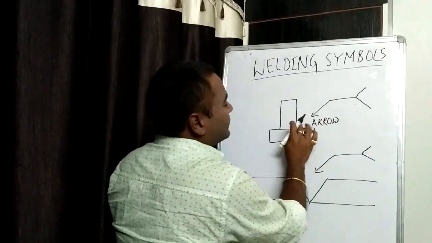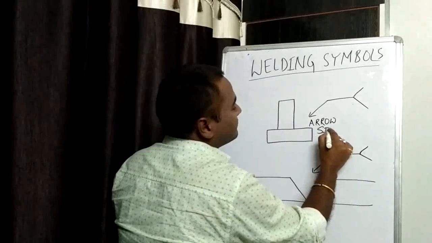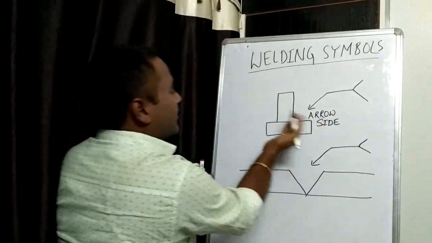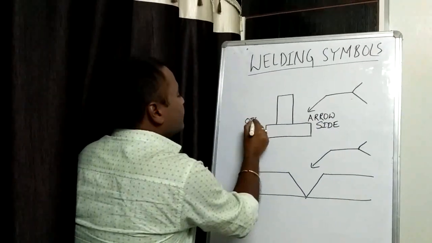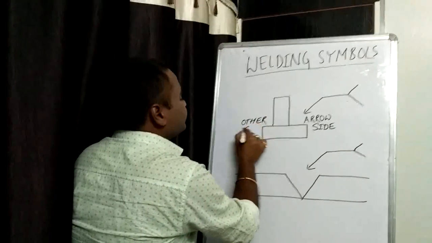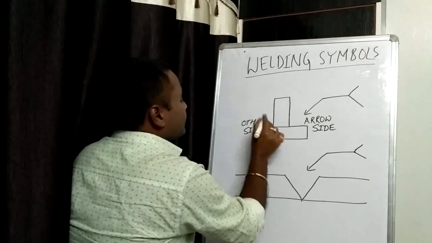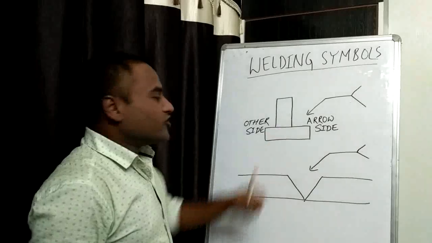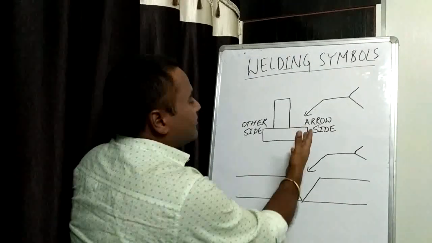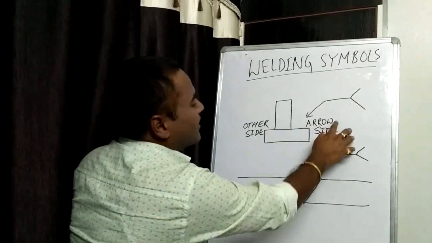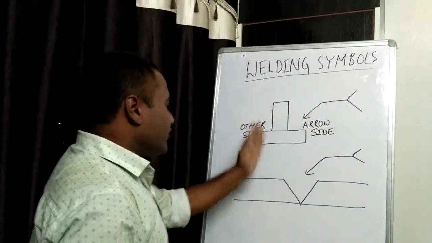So in this case, this side will be our arrow side, and the opposite side will be called the other side. So the arrow indicates the position.